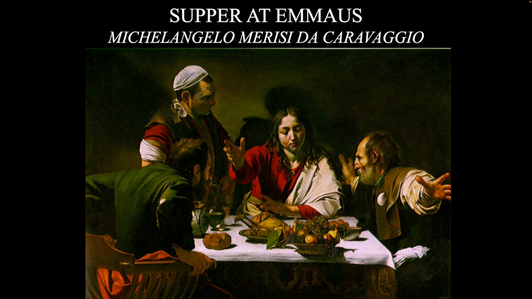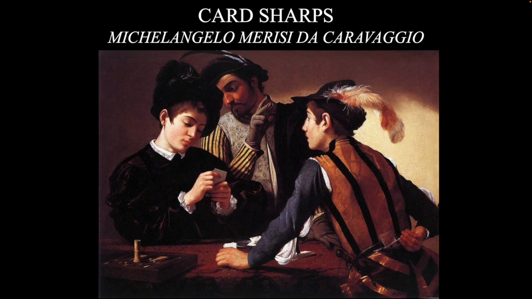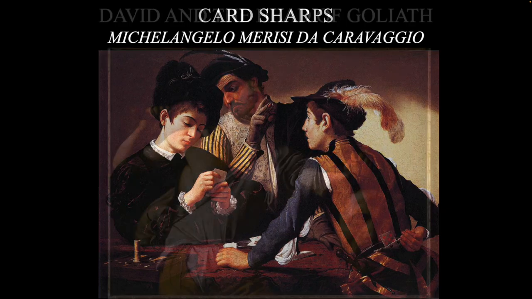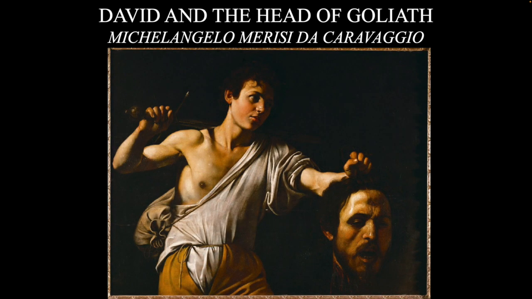We have Christ with very feminine features, very rounded features, long curly hair, clean shaven. Much different than other depictions of this scene. One of my favorites is Card Sharps, where we're seeing people cheat at cards. And the Severed Head of Goliath is a later image of Caravaggio.